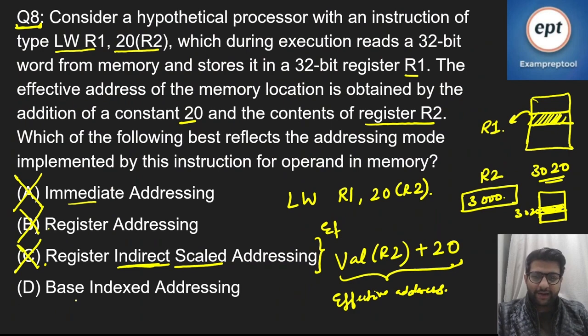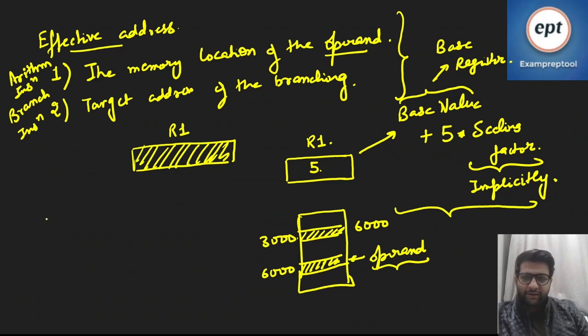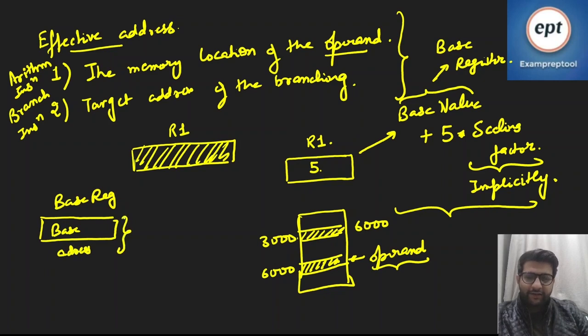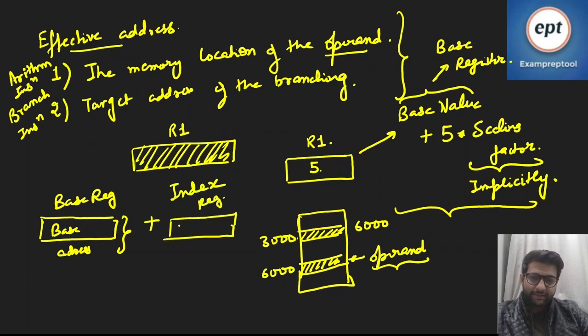The fourth option is base indexed addressing, and this is correct. In base index addressing, we have a base register which stores the base address, or we can have the base address in the instruction itself, and then an index register which stores the index.